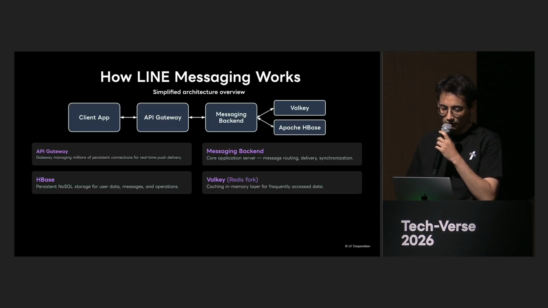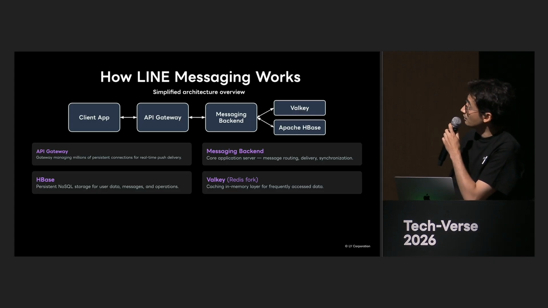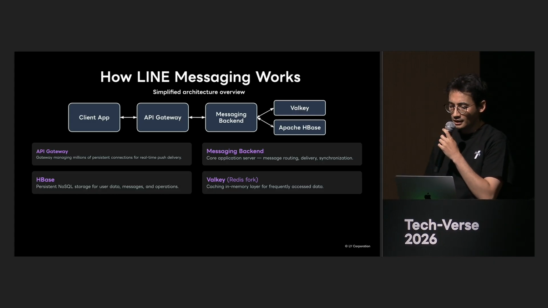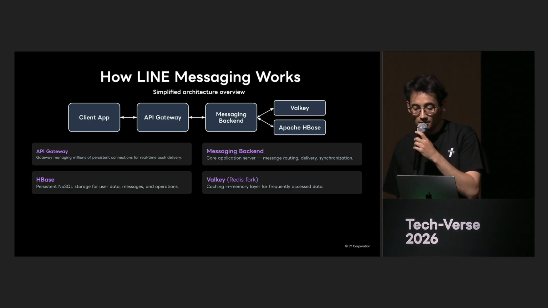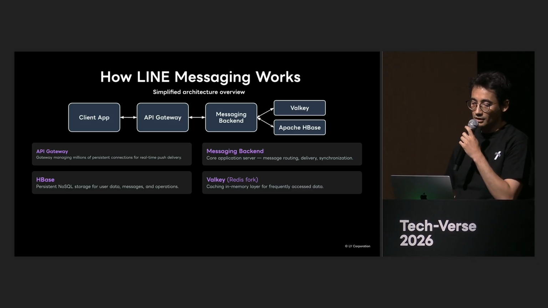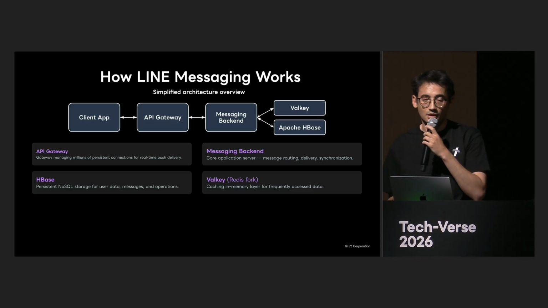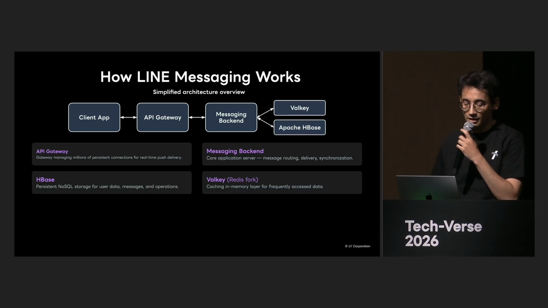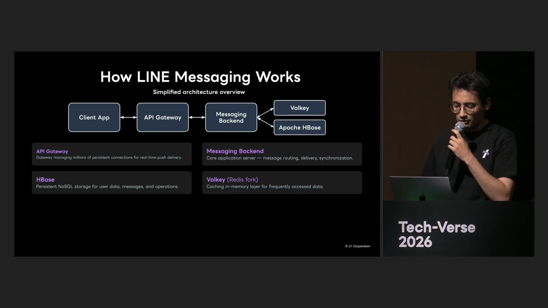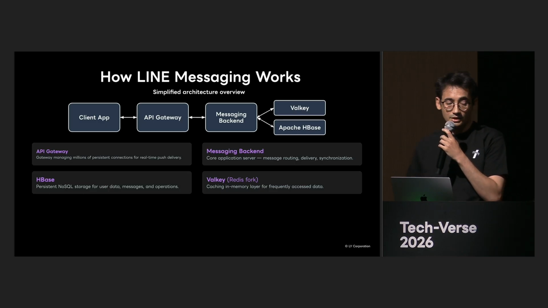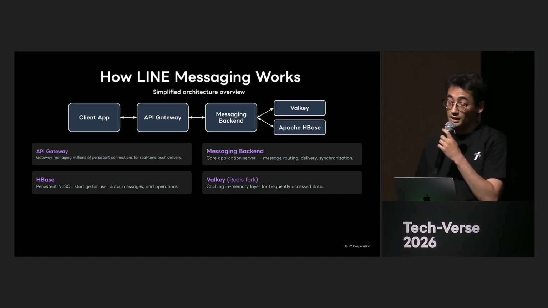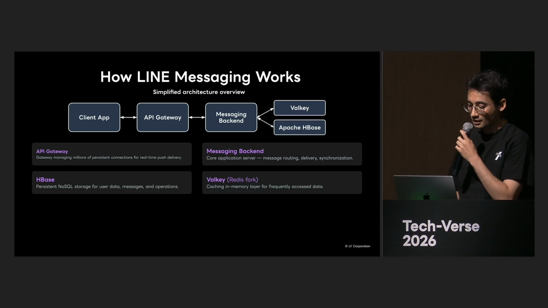So here is a simplified overview of our architecture. Clients connect through our API gateway to the messaging backend, which handles all the traffic logic, like messaging delivery, synchronization, social graph, etc. And the backend relies on a storage layer, which is composed of Apache HBase for the persistent data and Valkey, which is a Redis fork, for the caching layer.